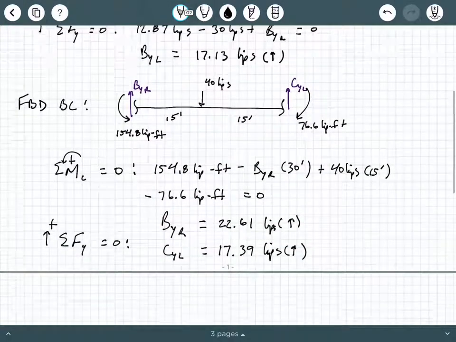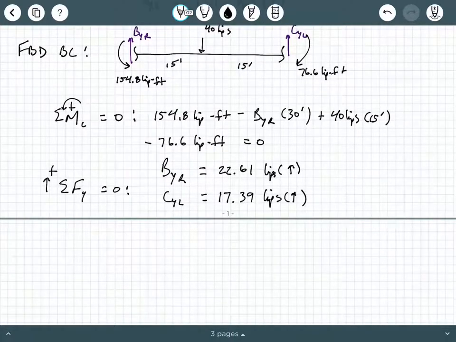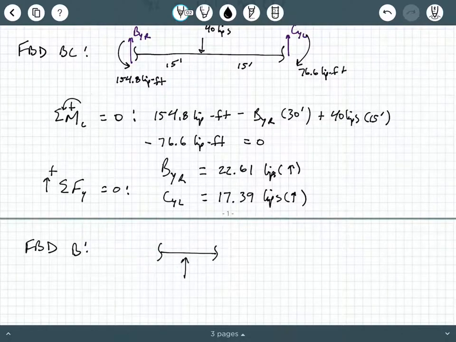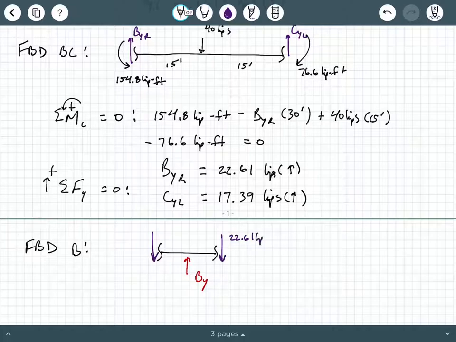Okay, so what we could look at now is a free body diagram of B. If we look at that roller at B, there's BY left, and then this is BY right, which was 22.61 kips.